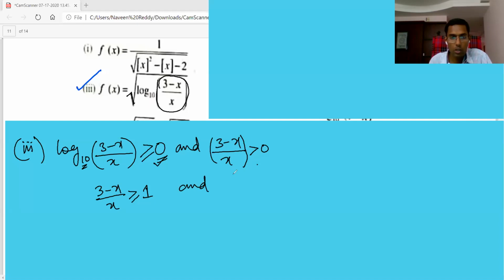You take minus common, then it becomes (x minus 3) by x is less than or equal to 0. That means we multiplied with a minus sign, and if you multiply with a minus sign, the sign will reverse.